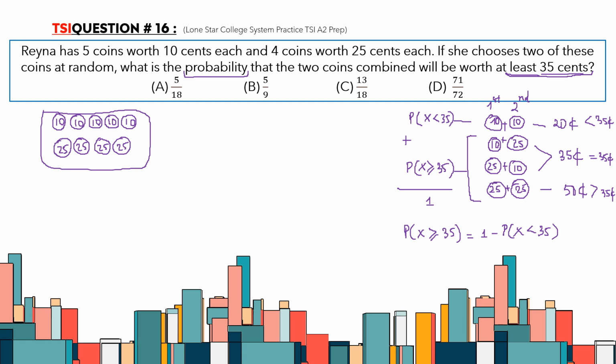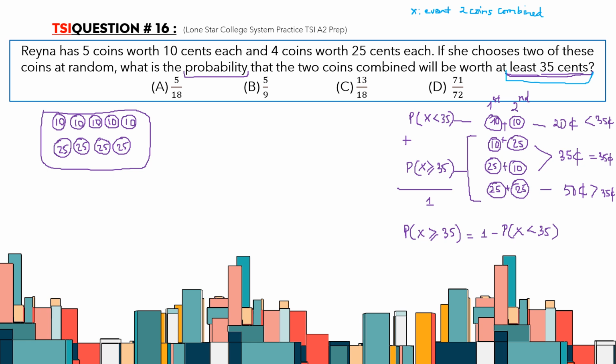In this case, my x is the event that the 2 coins combined, and the value of 35 is what they said.